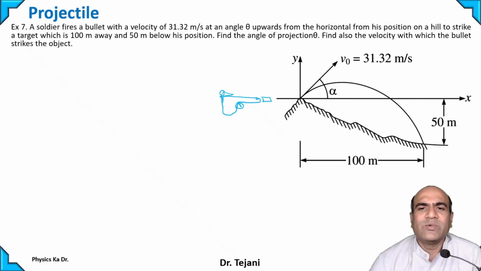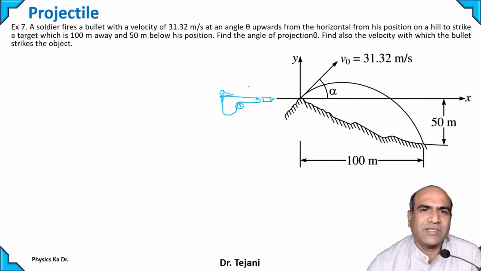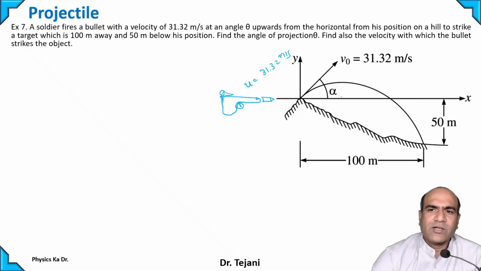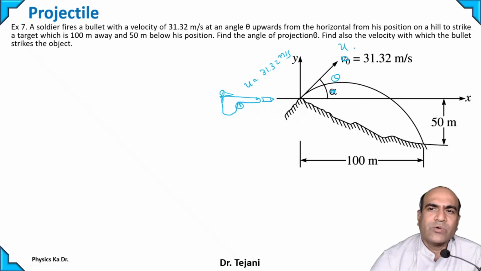Soldier fires a bullet with velocity, so initial velocity is given, u is 31.32 meter per second at an angle theta upward. Right, so here it is given. Let's take the gun here, theta. It is at an angle upward at initial velocity u.